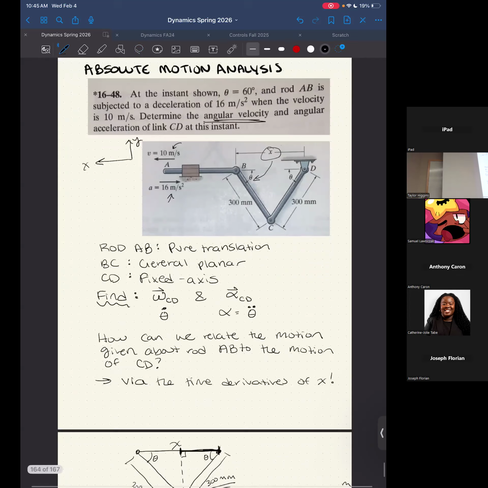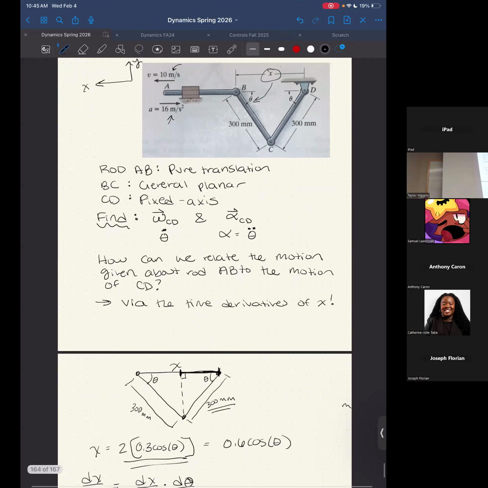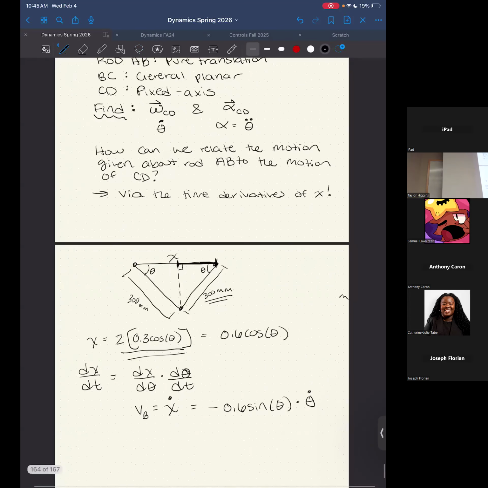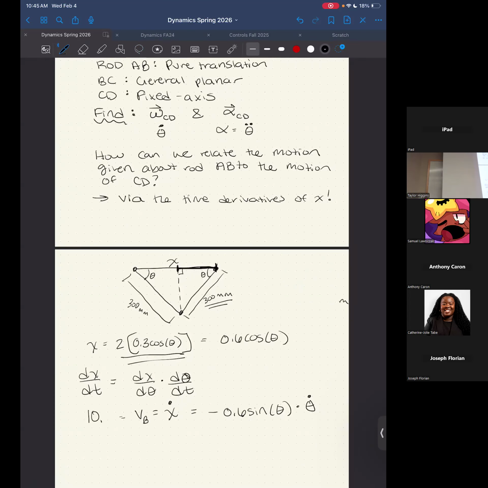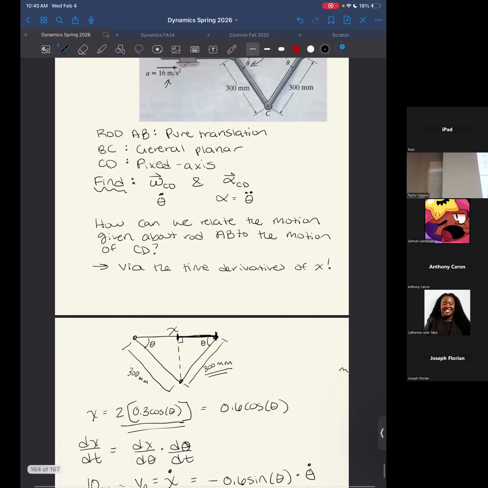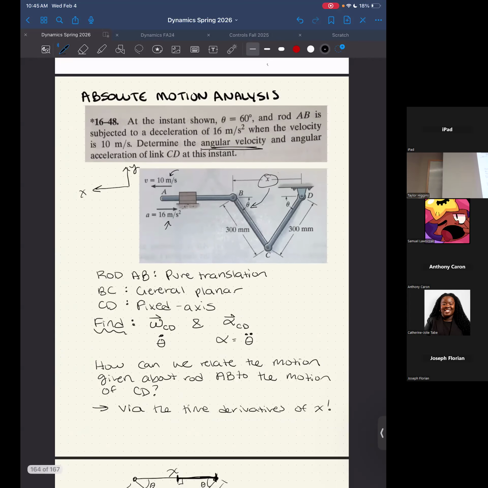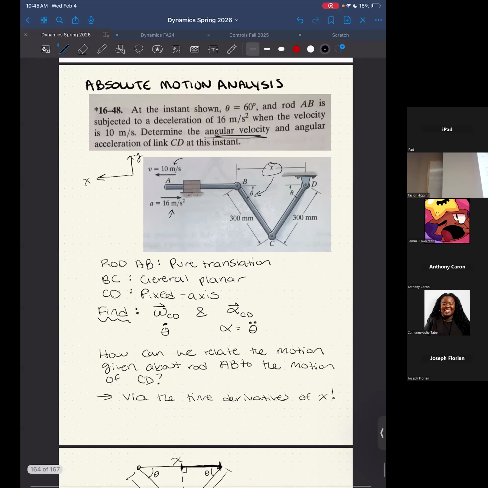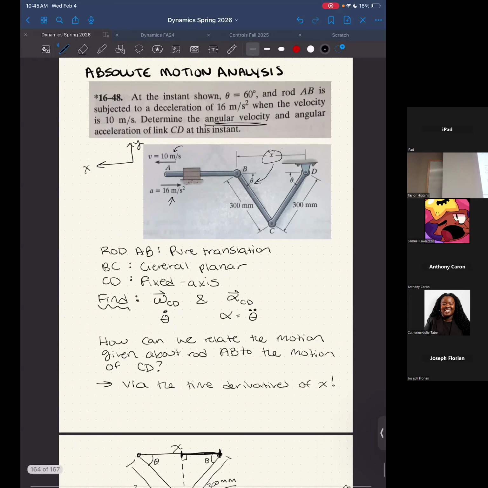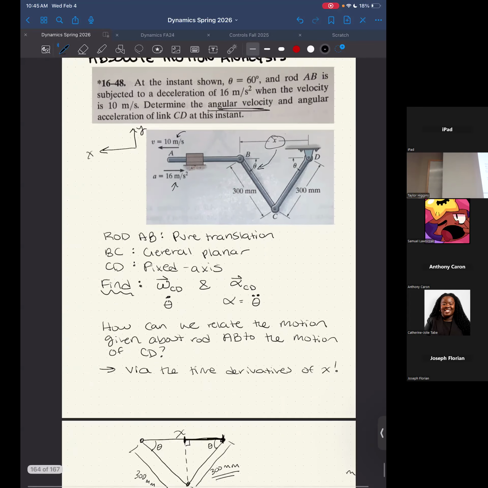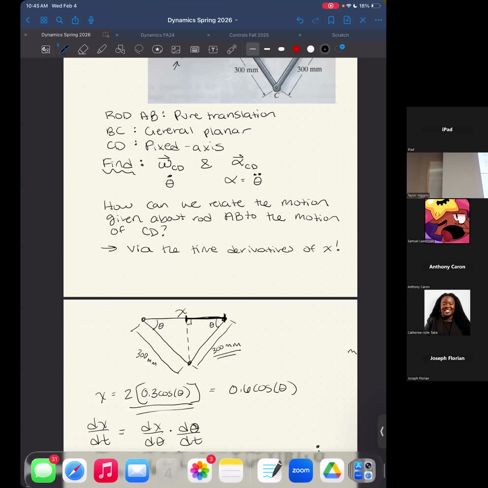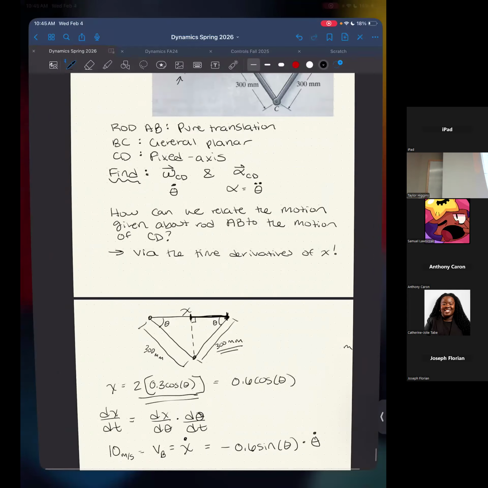So V here is positive 10 meters per second. And then it says, at the instant shown, theta equals 60 degrees.